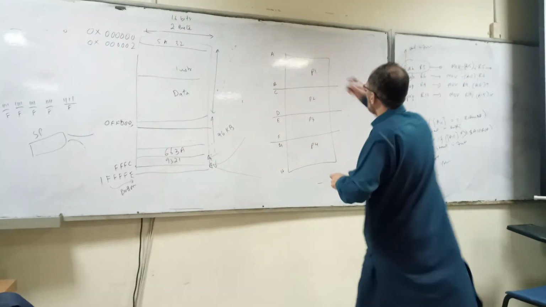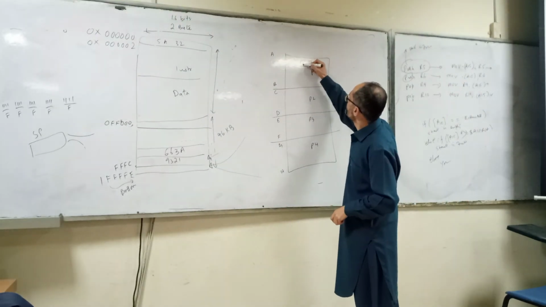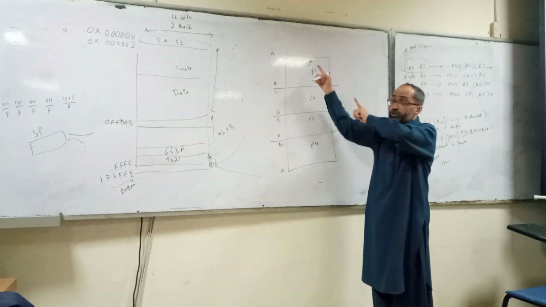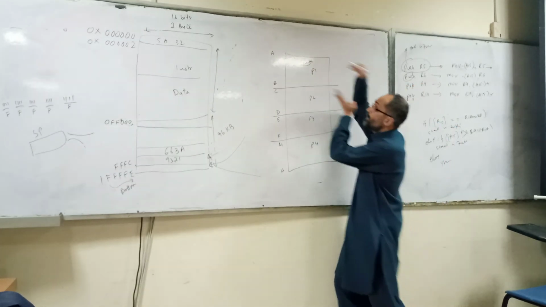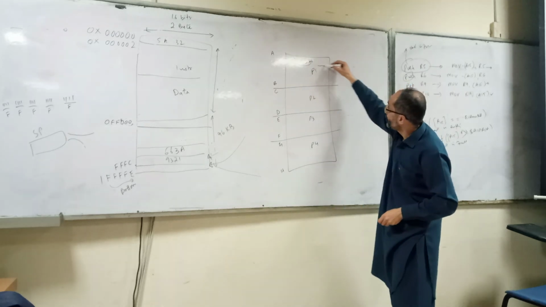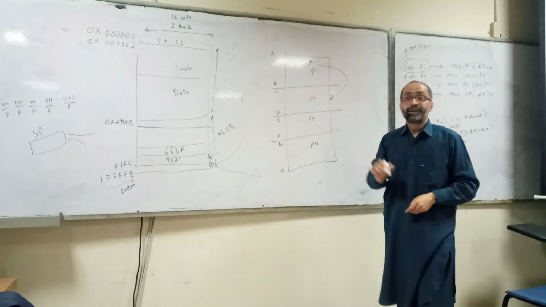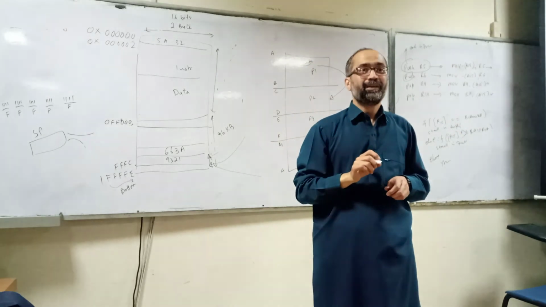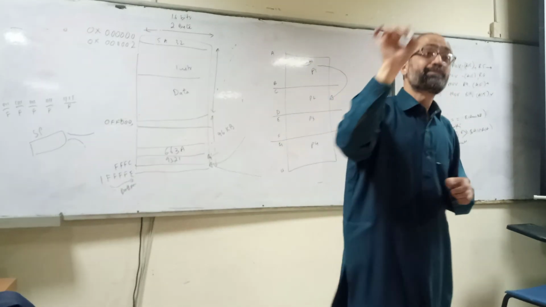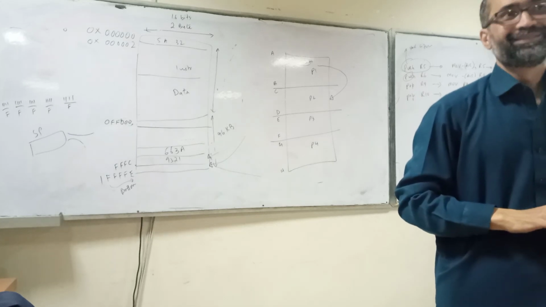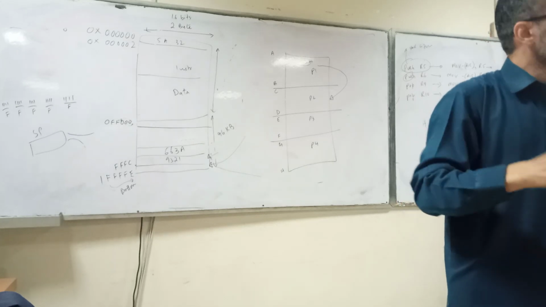This program P1 should generate an address that lies within the address range of P1. It should not access the address space of another program. If it does, it will be a great chaos for the operating system.